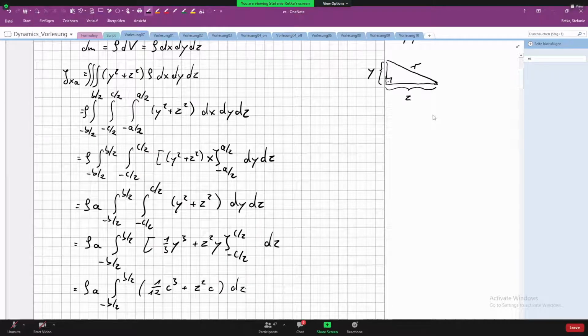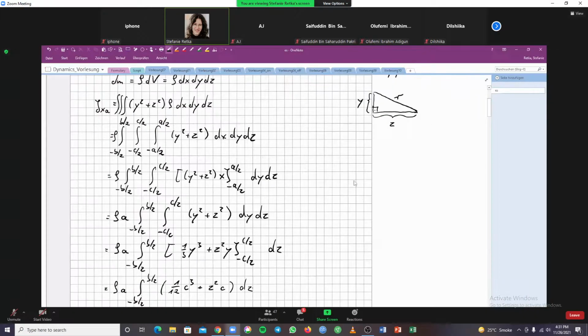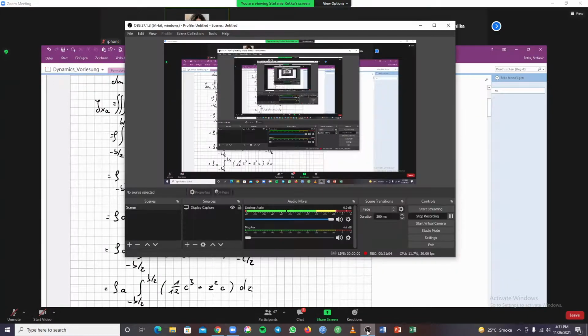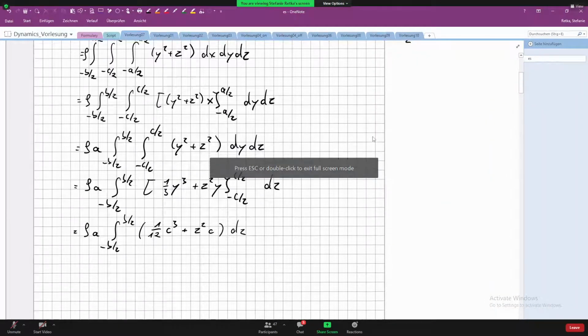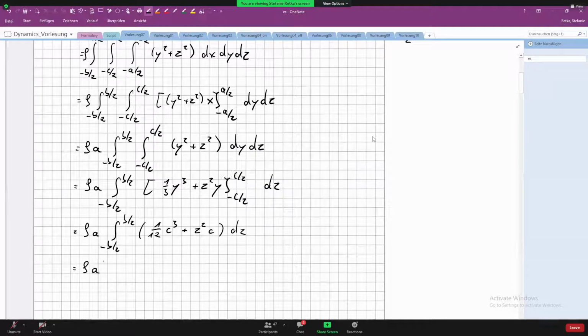Okay, so one last integral that we have to solve. And it's rho times a, 1/12 c to the power of 3 times z plus c 1/3 z to the power of 3.